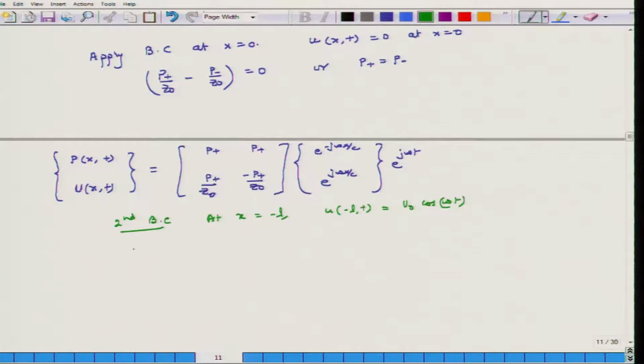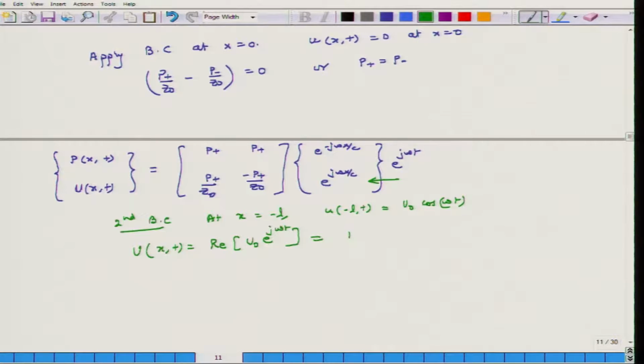So, complex velocity is equal to what? Real of u naught e to the power of j omega t. So, this is from the boundary condition and this I equate from the second equation.